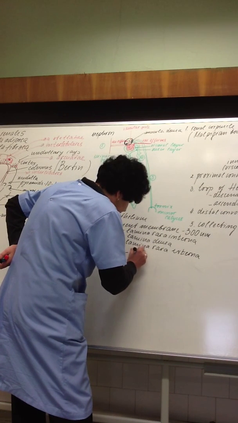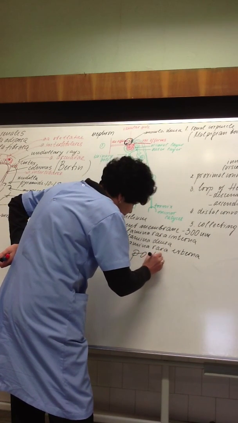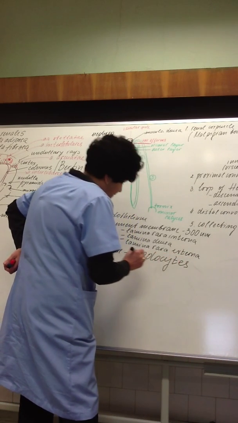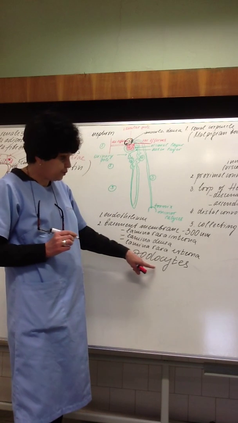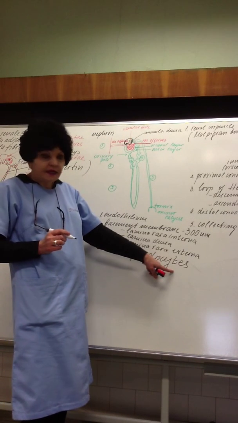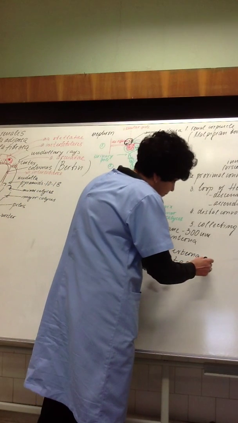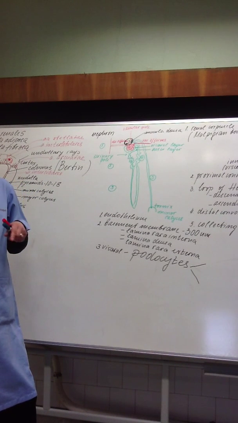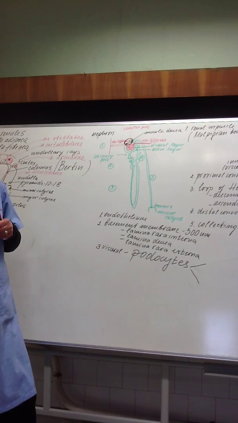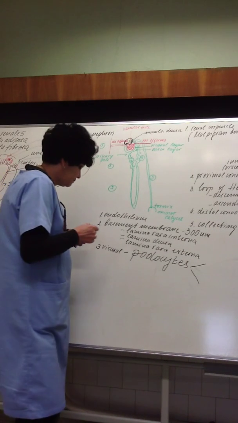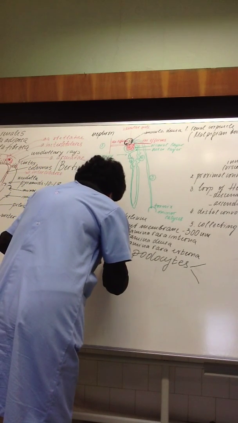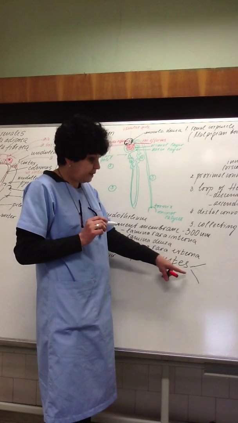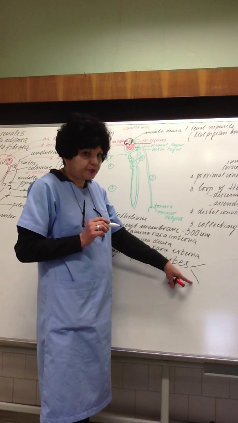By cells called podocytes. Podocytes. They have primary and secondary processes.